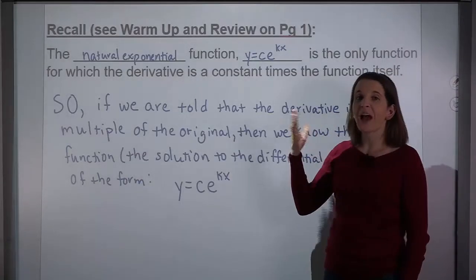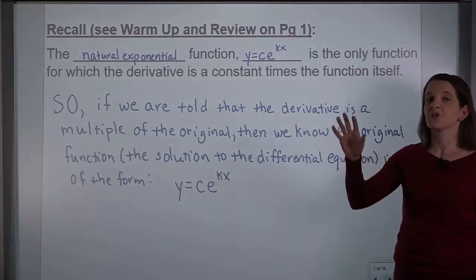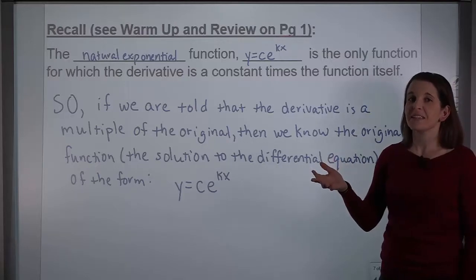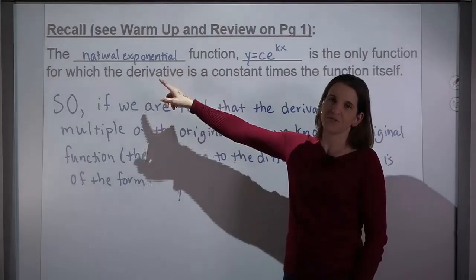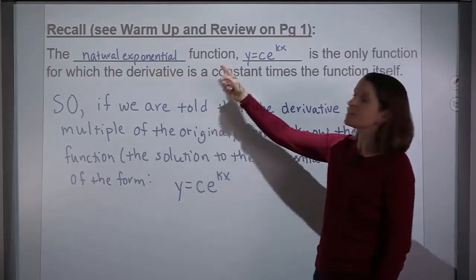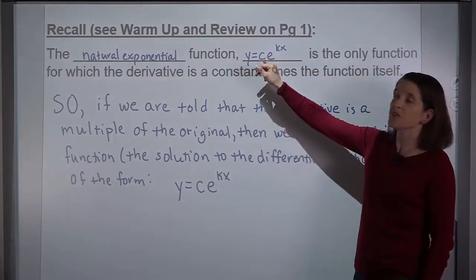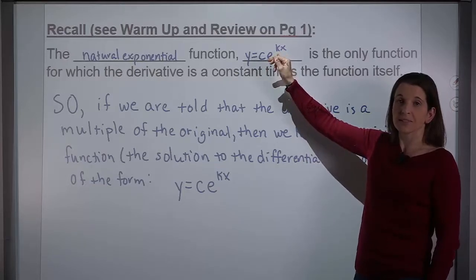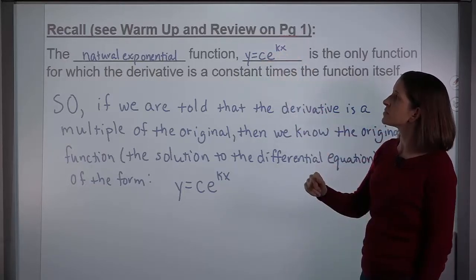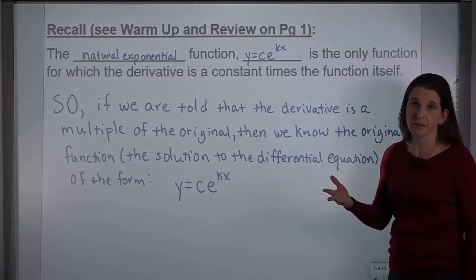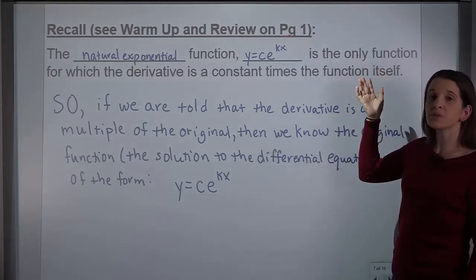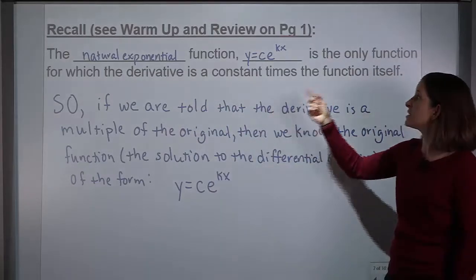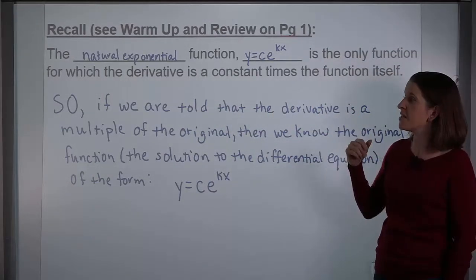So remember back at that warm-up exercise, we took a derivative, not an antiderivative, to recall something neat about the natural exponential function. So the natural exponential function, y equals, you could have some constant out in front, c, e to the, you could also have a constant up there, kx, for instance, or we could have t as our input variable, is the only function whose derivative is simply a constant times the original, okay?